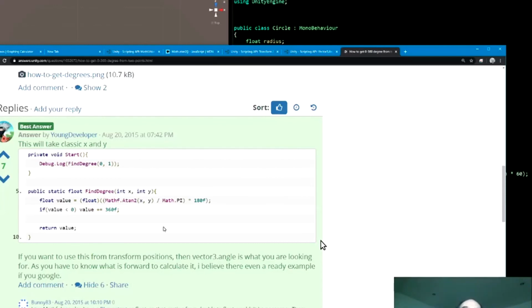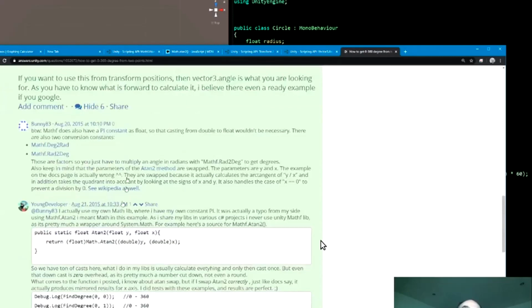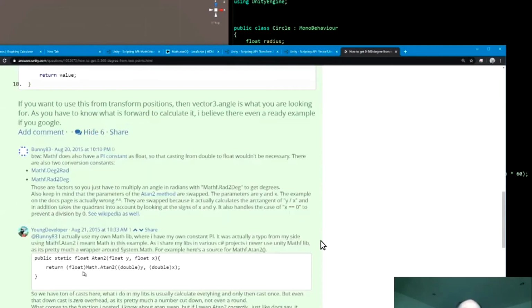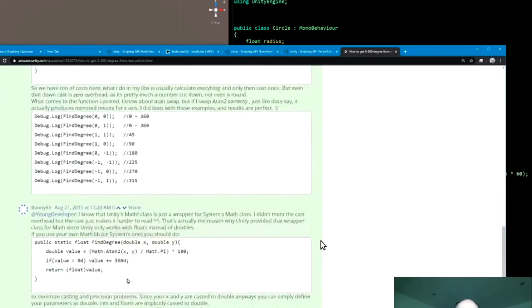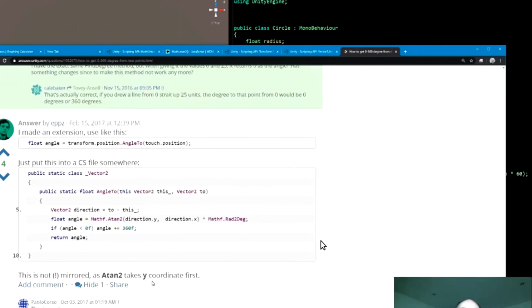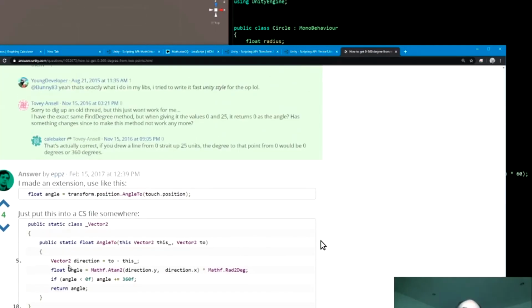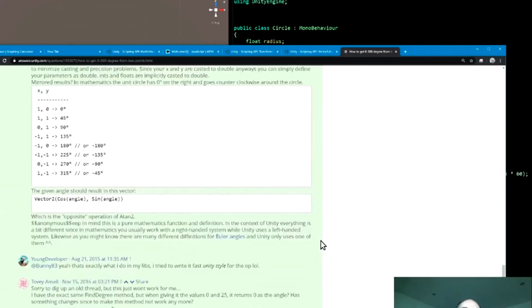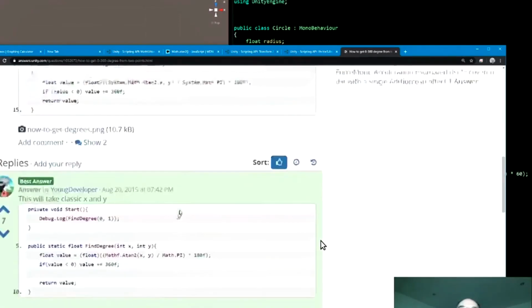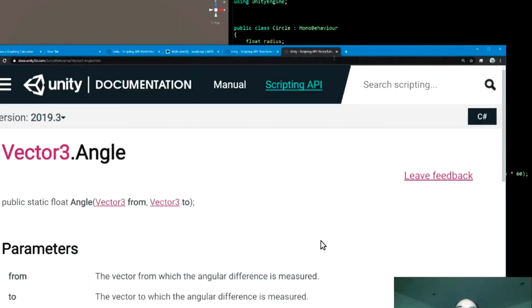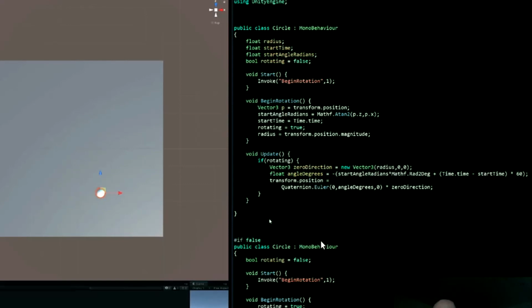Oh, then it's 0. That's fine. What if it's exactly 360 degrees? I don't know. But this is covered in here with the conversion constants. Here he's used the Mathf degree conversion, and then it's copied.